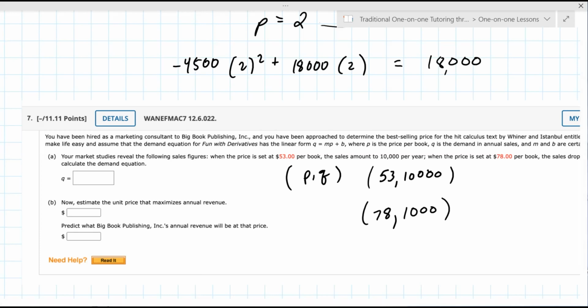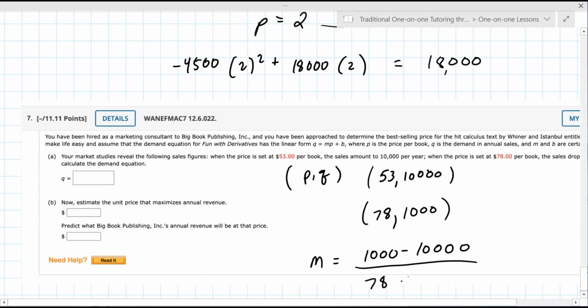All right. So to find your slope, your slope is going to be 1,000 minus 10,000 over 78 minus 53. So minus 9,000 over 25.